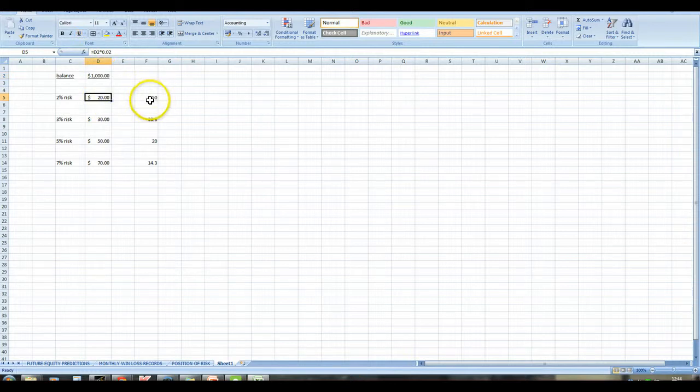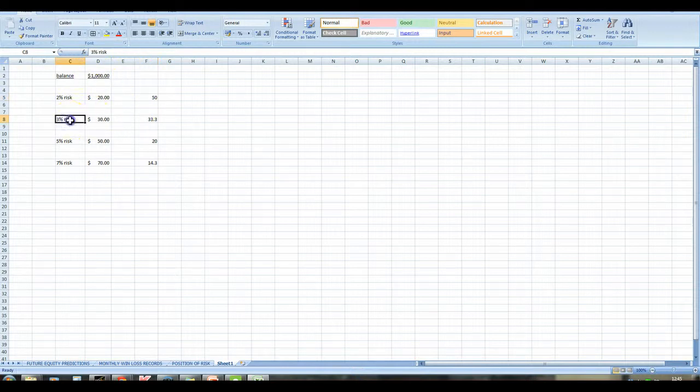So let's say you're starting out and you're coming across a new system and new money management, position size, and you're just trying to figure out the market. You're probably going to lose a lot. Trying to strike a winner is going to be a big deal for you. So only risking 2% on the market, $20 a trade, this can happen 50 times before your account completely disappears.